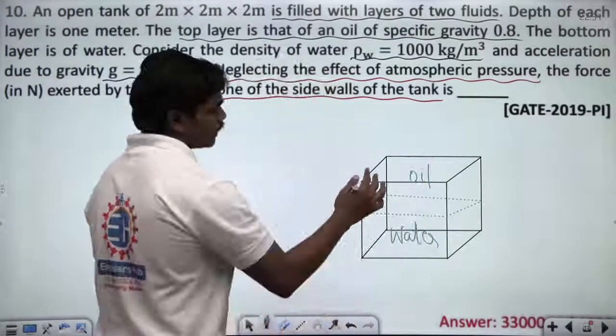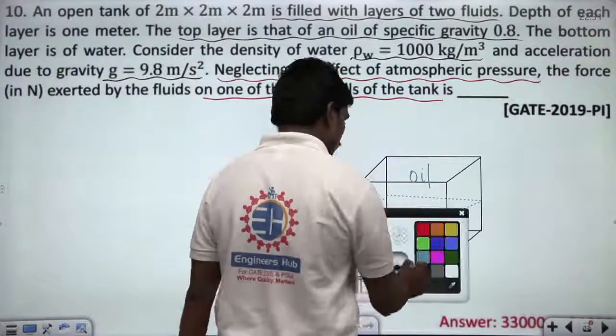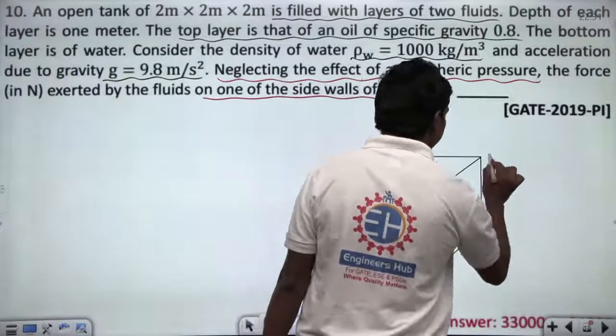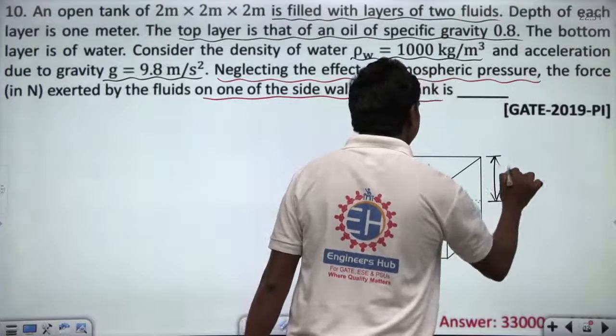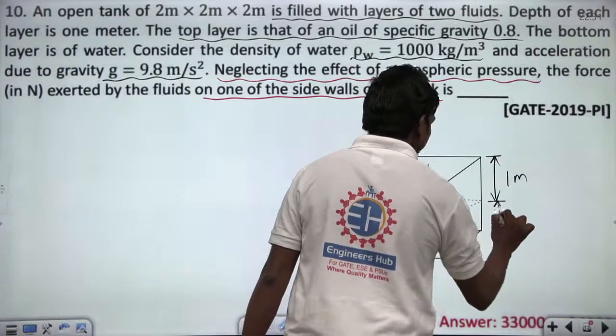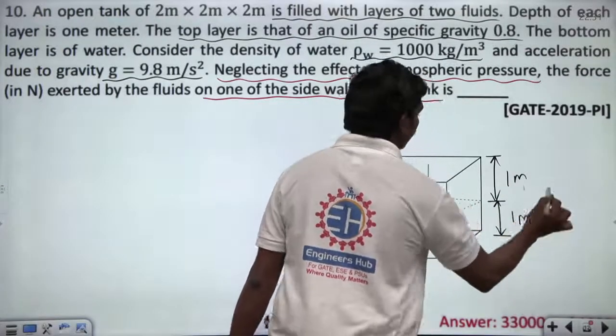Means the top layer is 1 meter height. So you can write this layer is 1 meter, and this is also 1 meter.